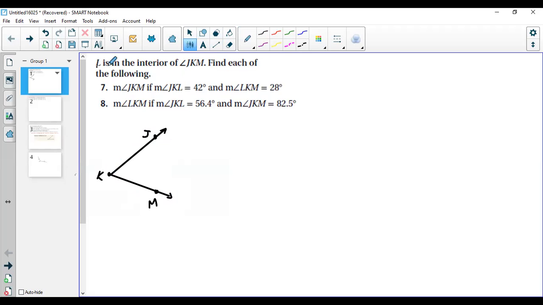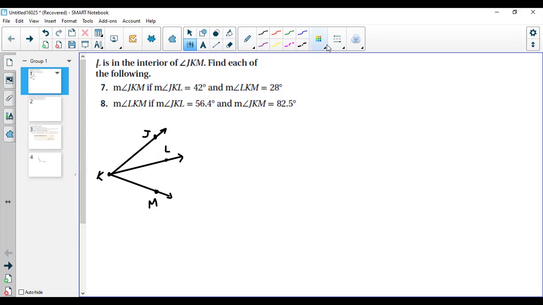And they said L is in the interior. So L is somewhere inside here. So let's name this point L. Okay, so what you do is you draw another arrow to join them. As you can see, now we have divided our angle in two parts. We drew angle JKM and we divided it into two parts by point L.